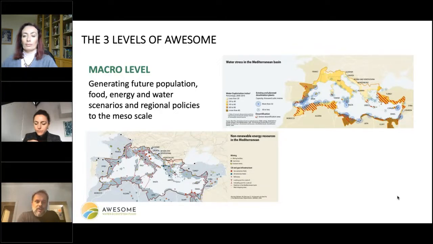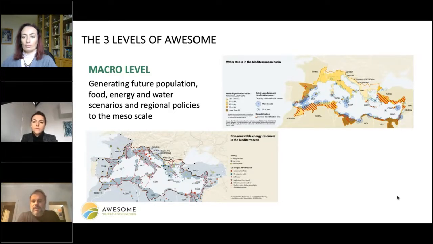And then we have the macro level, which is the topic of today's talk, which is what happened outside the river basin, at the regional and continental and global scale, and how policies at that global scale can influence the lower level scales.